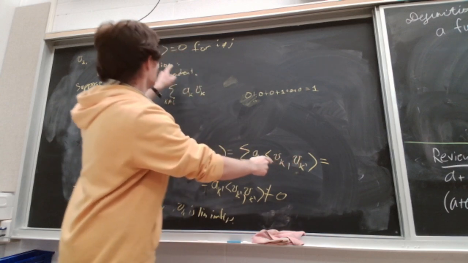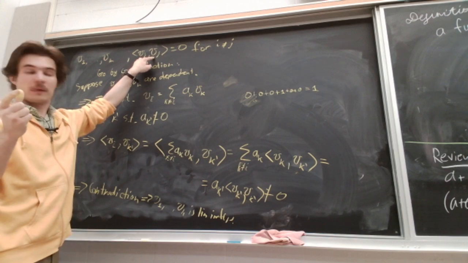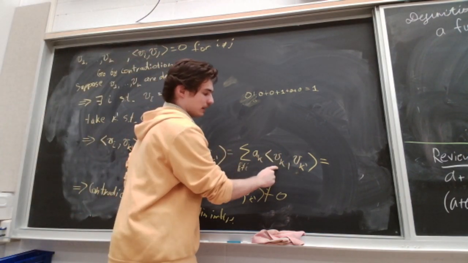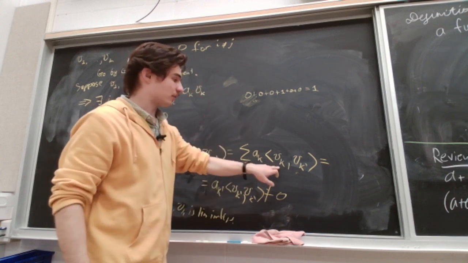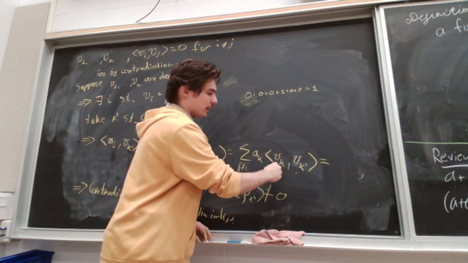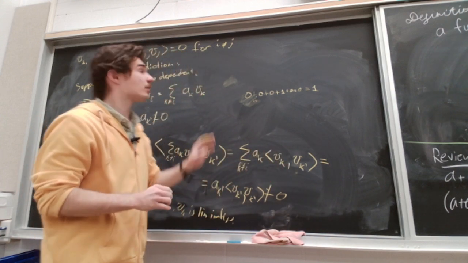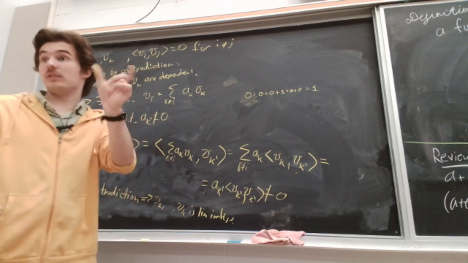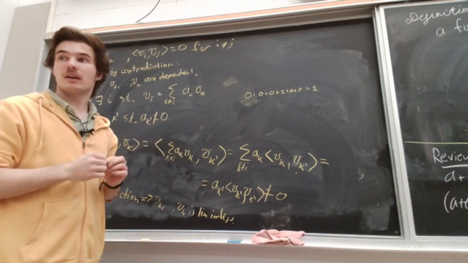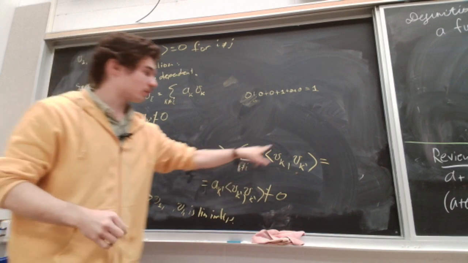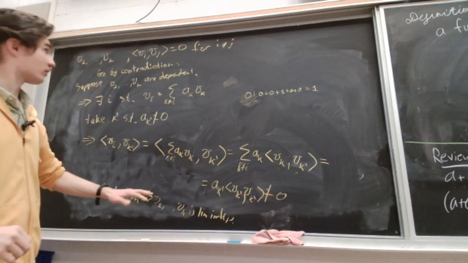And we assumed that all of the vectors are orthogonal to each other, so this is 0 for any choice of vector that's not v_k prime. So I'm just adding up a bunch of things which are 0, except for v_k prime with v_k prime. Does that make sense? Makes sense, yes. We just assumed that the inner product between two different vectors is 0. I'm saying here's a set of vectors where the inner product between any two vectors is 0. So you're left with only one term. And this has to be non-zero, but that gives you a contradiction.